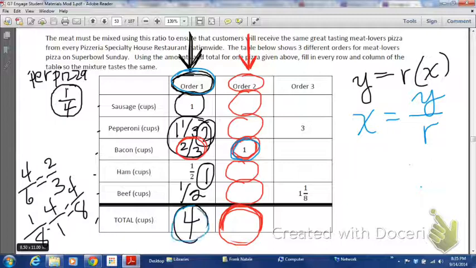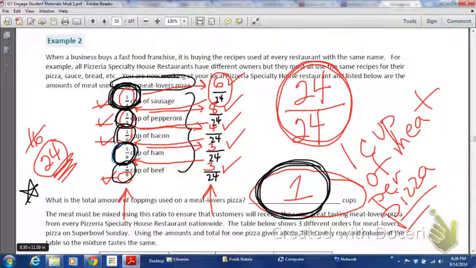When we found this 4 over here, we actually found the number of pizzas, because each pizza was going to have 1 cup of meat total. So we have our y, which is 1 cup of bacon, and the rate for bacon, remember, was 1/6.